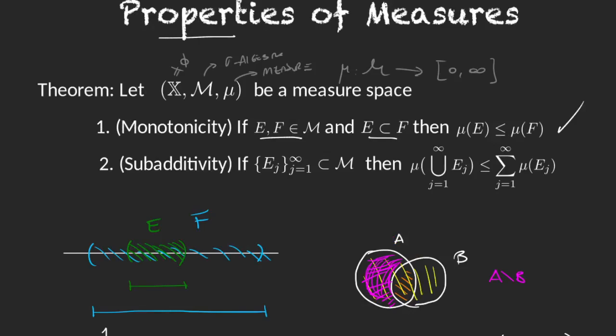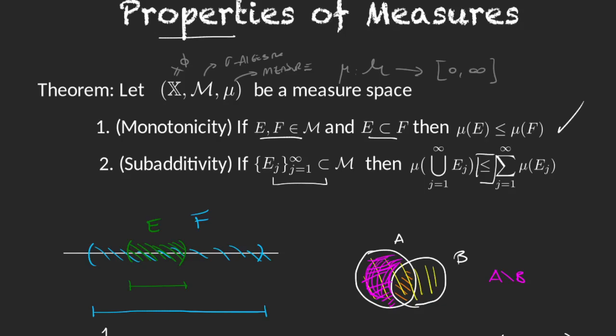Now we have to prove subadditivity. Subadditivity says that we have a sequence of elements in the sigma algebra. Just any sequence. They could be disjoint or not. They could have some intersections, some disjoint. We don't care. Just grab any sequence in the sigma algebra. Then this happens. You get that the measure of the union is smaller than or equal to the sum of the measures.